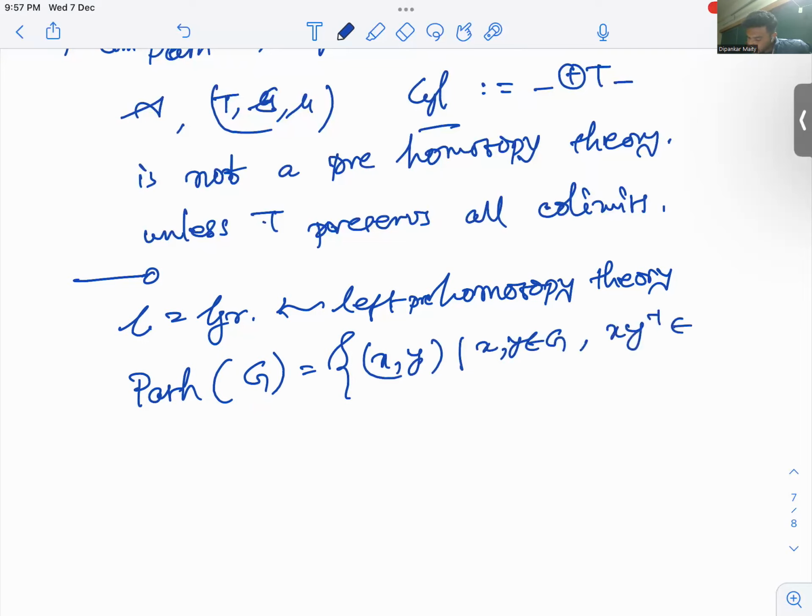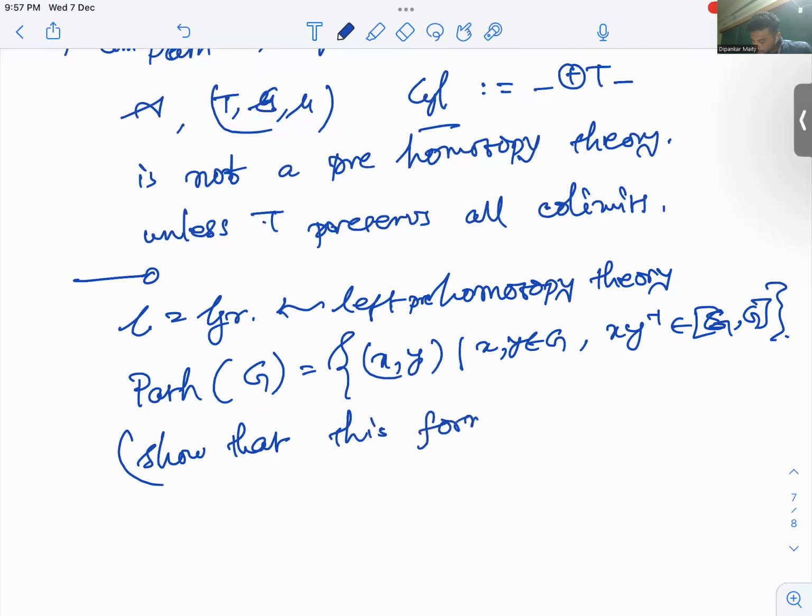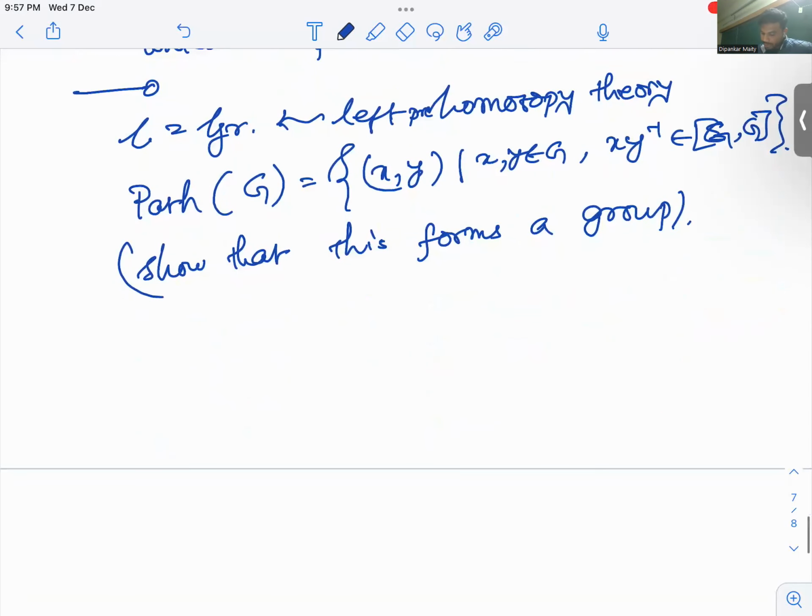such that x and y belong to G and x y inverse belongs to the commutator subgroup. Obviously, these are groups. But why is this a path structure? If you look at G, then there are two maps from G to path G. There is a constant map which sends g to g, g.